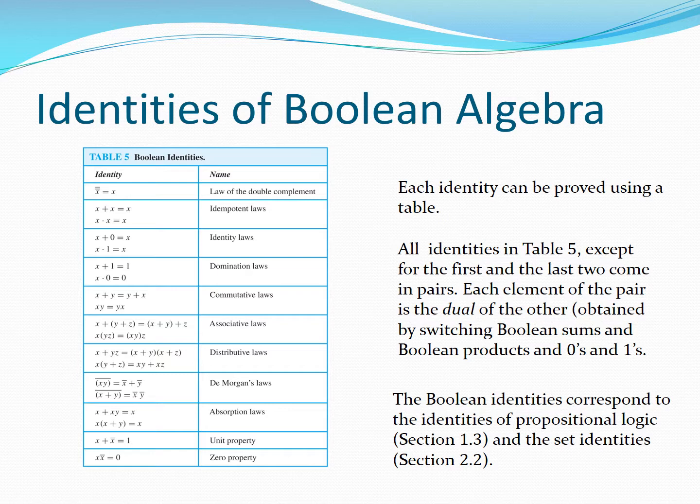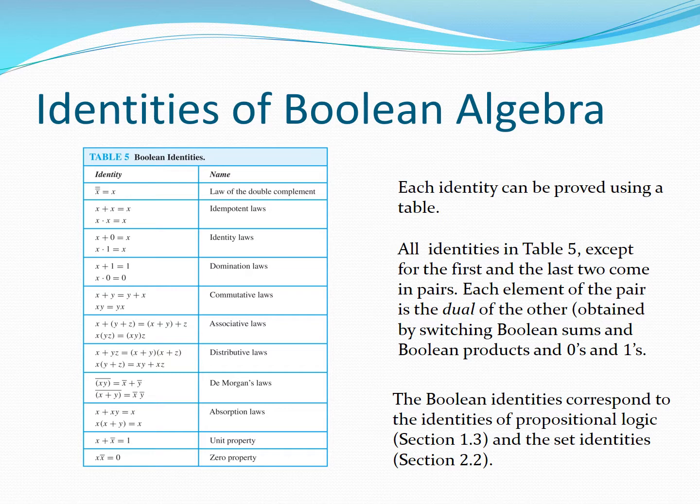So all of these identities basically tell you that you can actually prove some of these identities using a tabular approach. We are not going to have logic-based proofs in Boolean algebra.